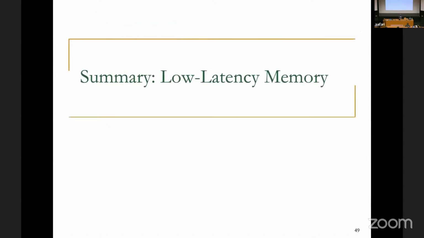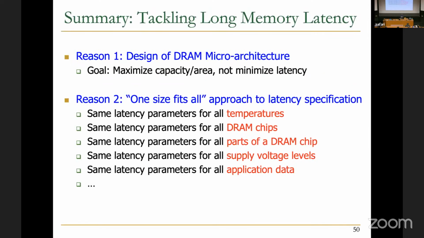So in summary, for low latency, the goal of the design of this DRAM microarchitecture is to maximize the capacity per area, so increasing density, but not minimizing latency. And the current approach is a one-size-fits-all kind of approach, so you use the same latency parameters for different temperatures, chips, different parts of a chip, different supply voltage levels and application data.